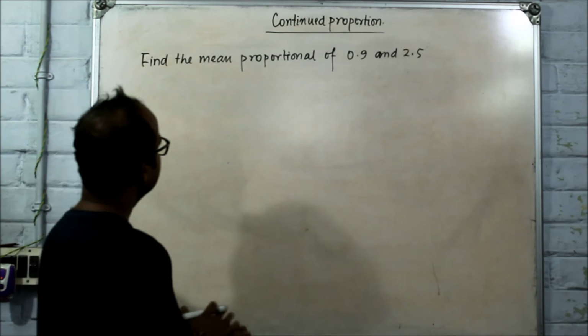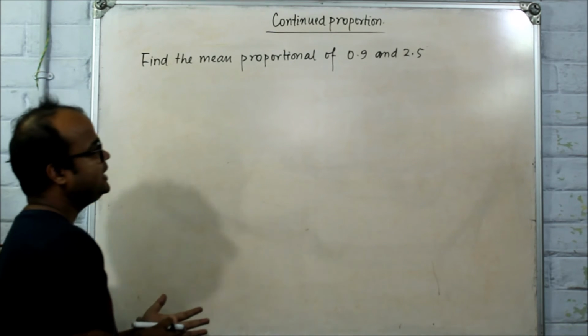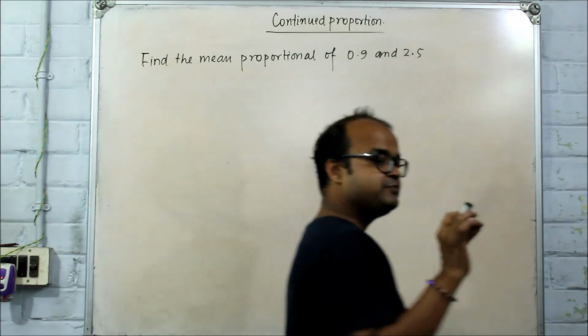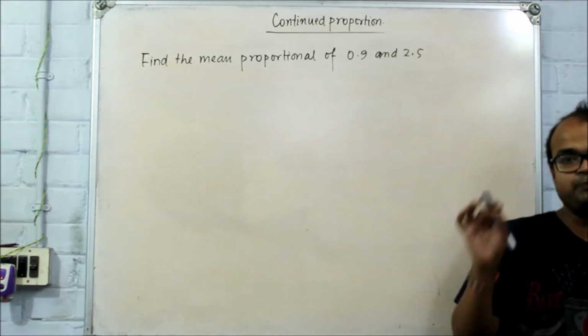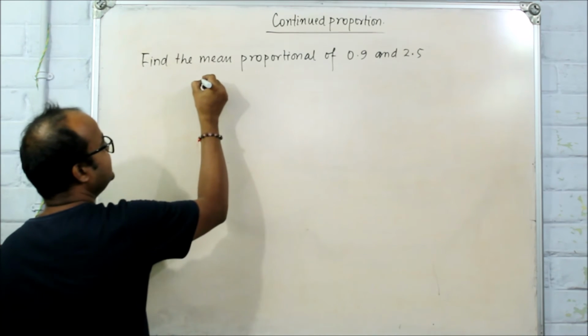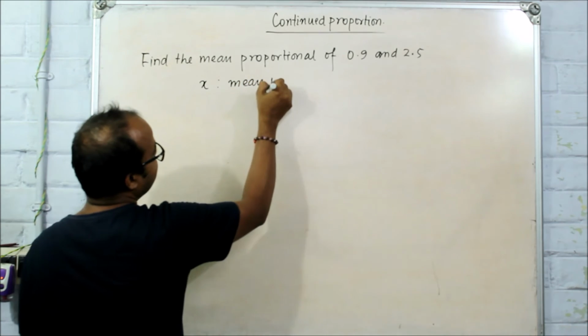Next is find the mean proportional of 0.9 and 2.5. Mean proportion, again this is based on the topic continued proportion. So we assume that let x be the mean proportion.